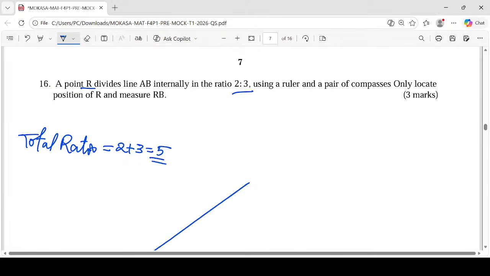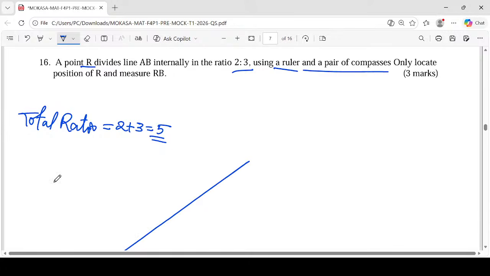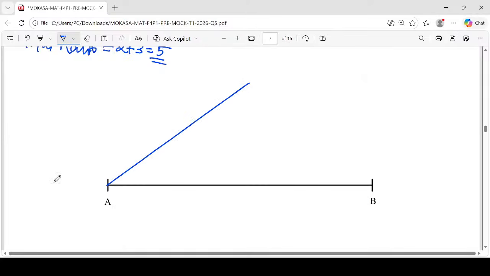Because I'm using a ruler and a pair of compass only, I can adjust my compass to a radius of any choice, maybe even 1 centimeter.